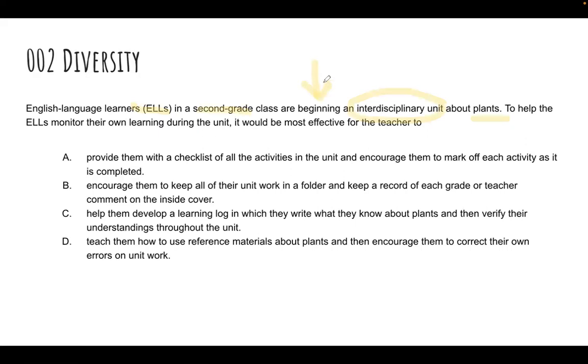Whenever they give you a time marker, beginning, middle, end, remember the slide that we did a while ago about struggling learners, like before instruction, during instruction, and after instruction. We do different supports, different things, different checks for understanding in the beginning than we do in the middle, than we do at the end.